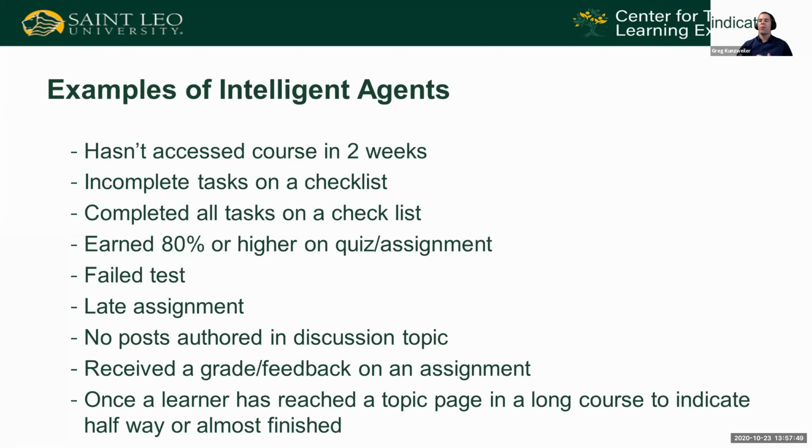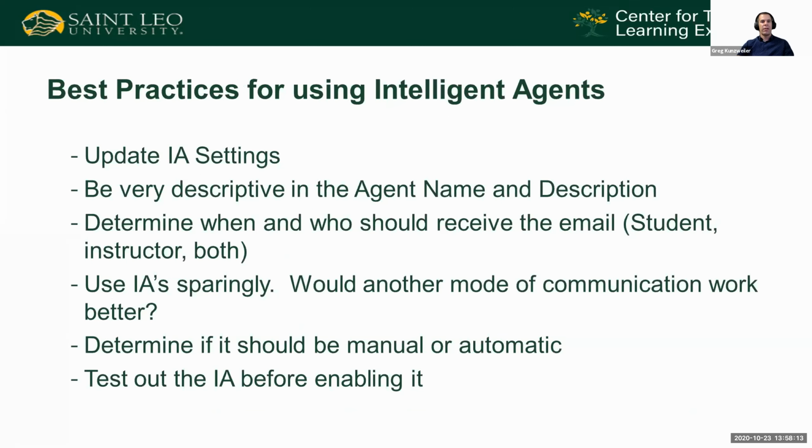So you can have all of these automated pieces, regardless of where it's at in the content, where they're at with the assignments, some that's constructive feedback, some that's encouraging feedback. So it just depends on how you want to use it. There's a lot of different options as far as examples go for the intelligent agents.